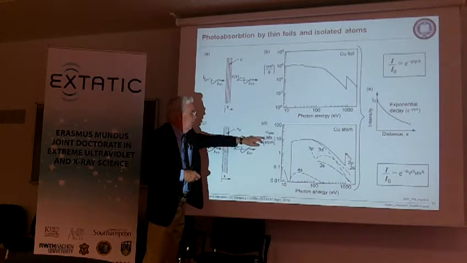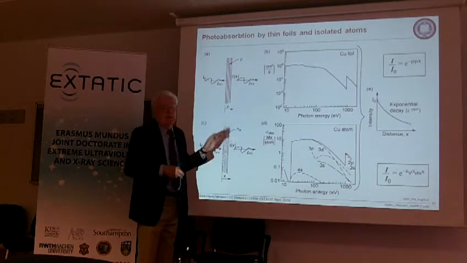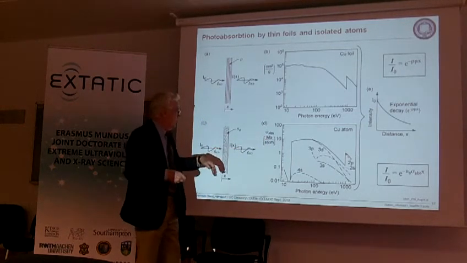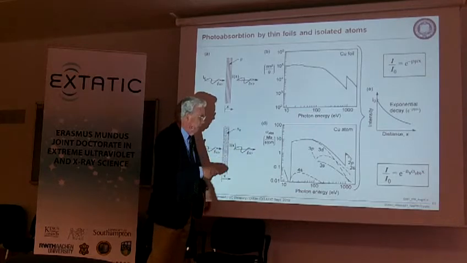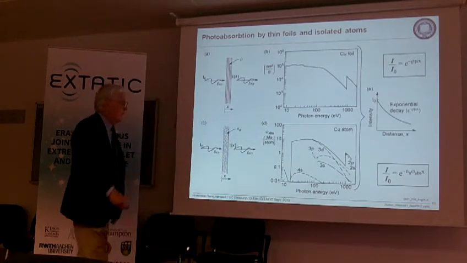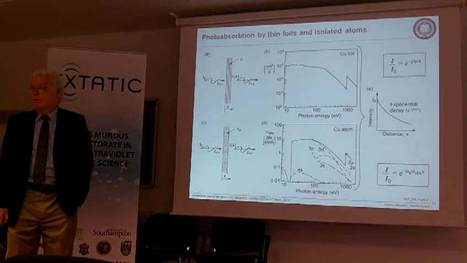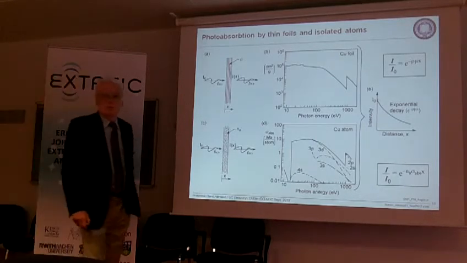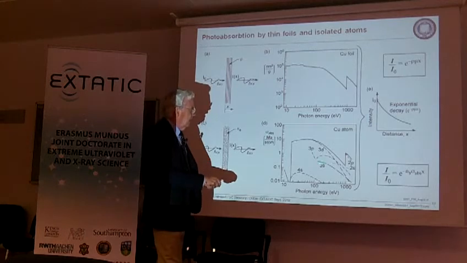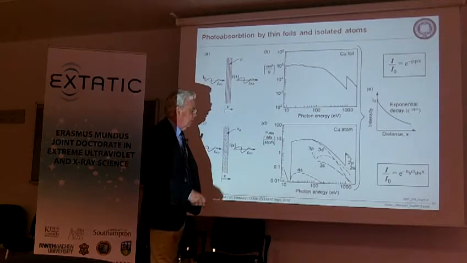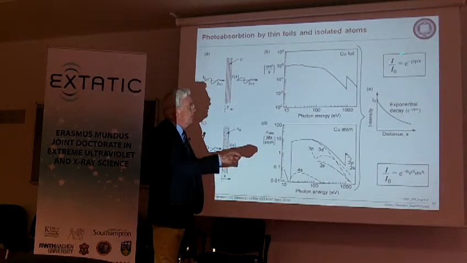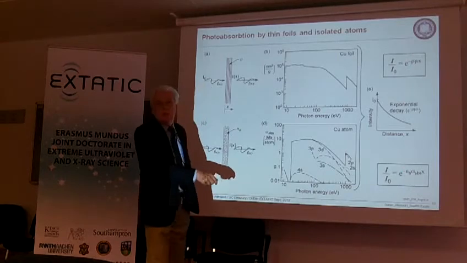So these are megabarns. Barns is, I think, 10 to the minus 24 centimeters squared. So this is megabarns per atom. And this is from Ingolf Lindau and his student, who probably did all of the work, and I unfortunately don't remember his name. But anyway, they have it done nicely depending on what the initial state was. So this relationship becomes this relationship.